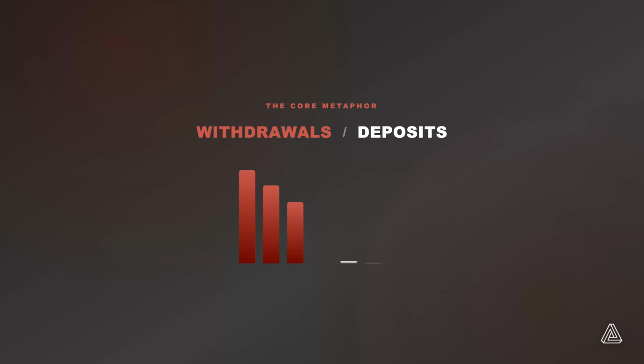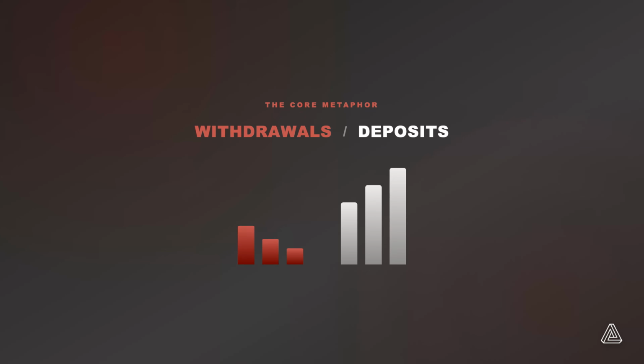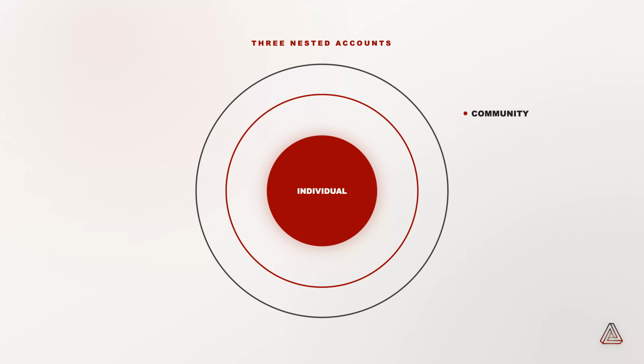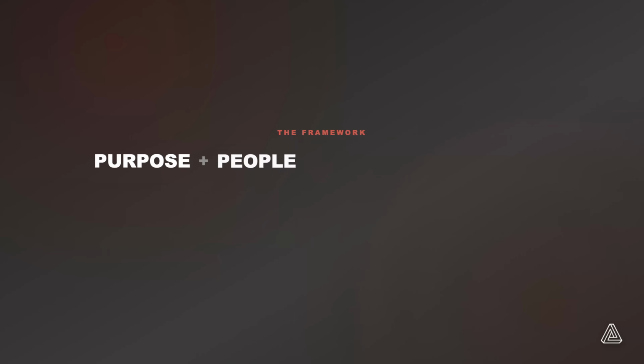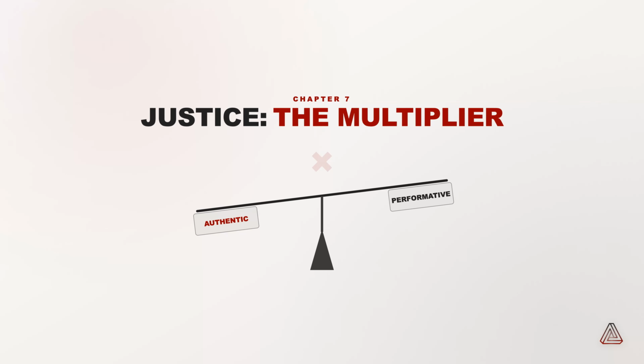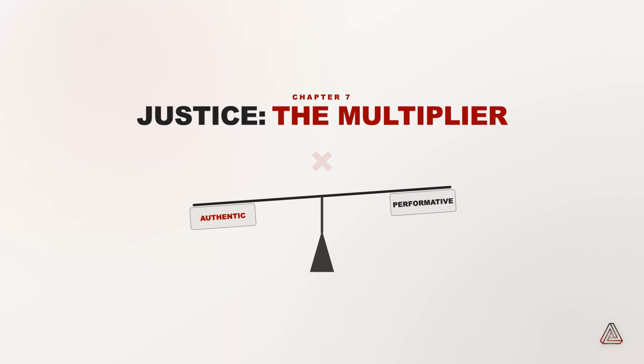Every disruption makes a withdrawal. Every fair, clear, supportive practice makes a deposit. That reserve lives in 3 nested accounts: individual, community, and organizational. The framework's equation is simple. Purpose plus people plus process multiplied by justice equals real resilience. Justice is the multiplier. It decides whether everything else is authentic or only performative.